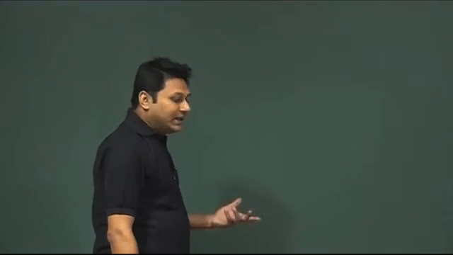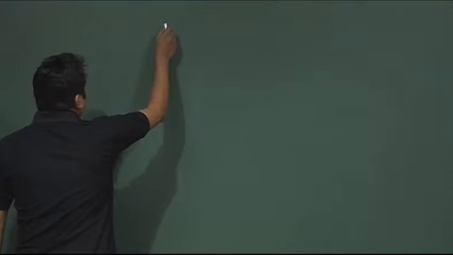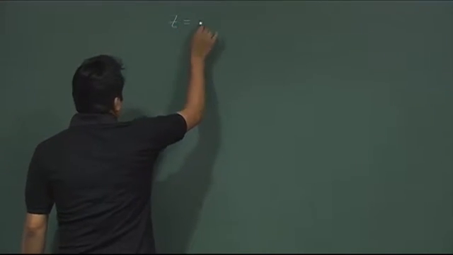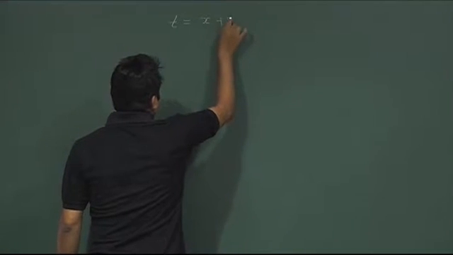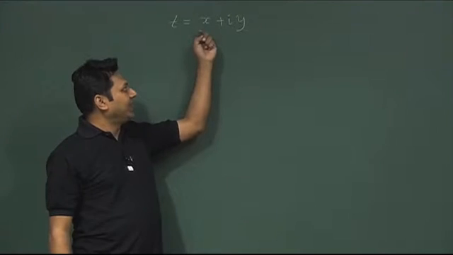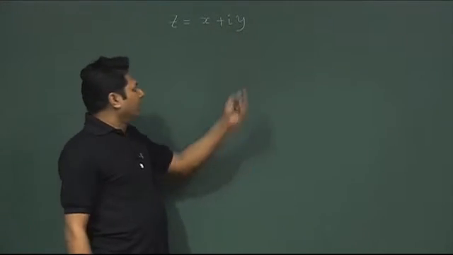In the last class we learned a few things about the complex variable, and we showed that a complex variable z can be represented in terms of x and y. I call it a variable, that is why I put x and y.